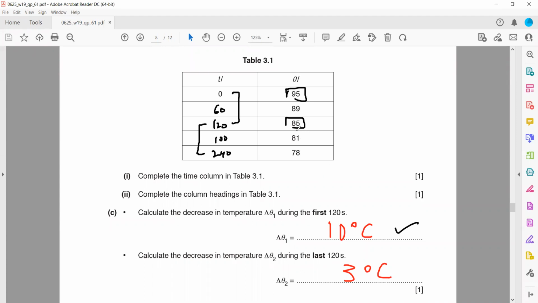It's not about 'from', because this is 180, so it is from 120 to 240, means from 85 to 78. This was 10, then 85 to 78 is 7 degrees, because it is 85 minus 78, which makes 7.